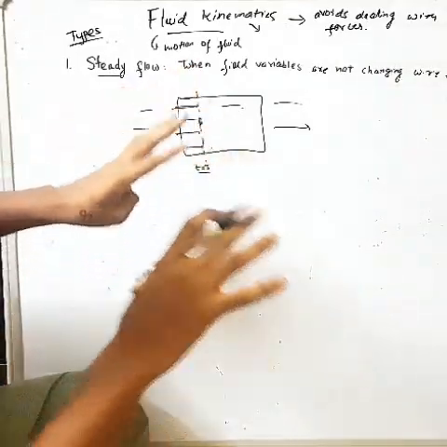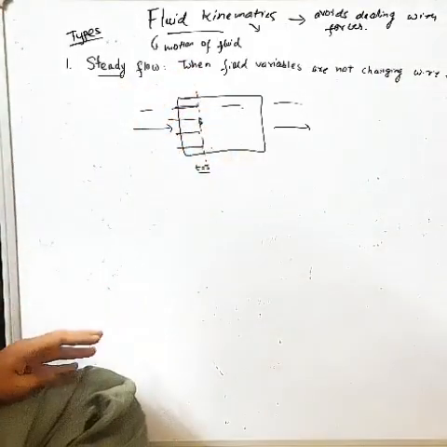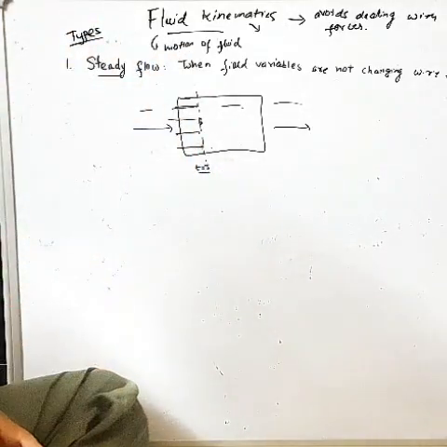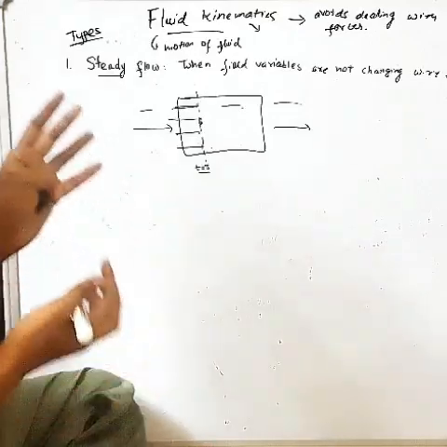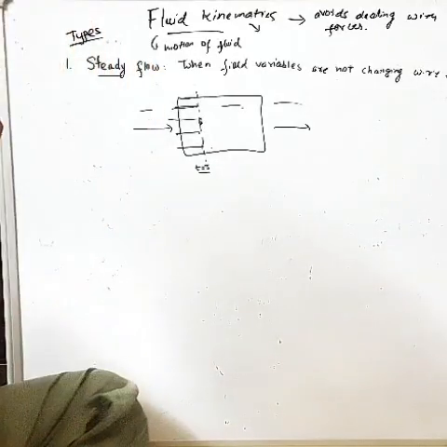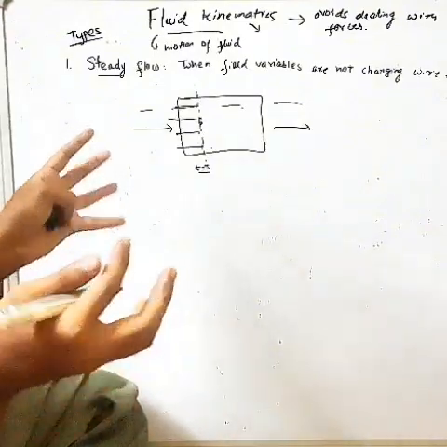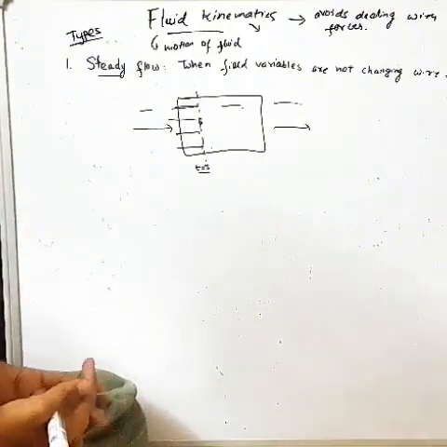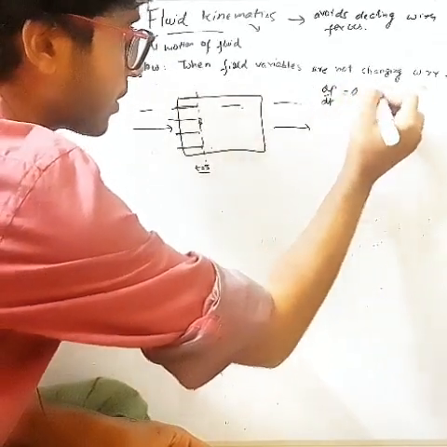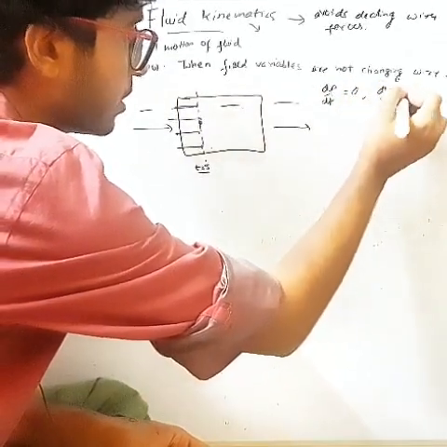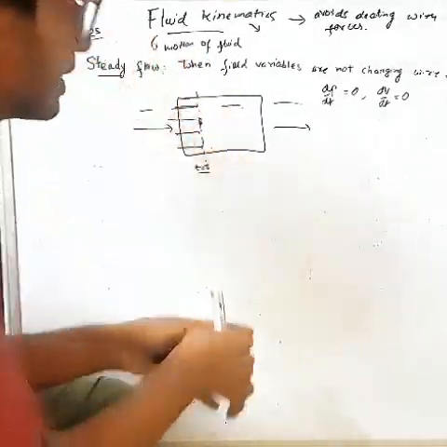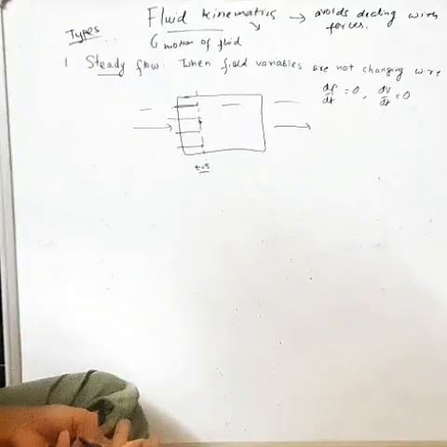They are not changing with respect to time, because dp/dt, dv/dt are all 0. It is a constant in time: at t equals 5, at t equals 10, at t equals 3, at t equals 2, it's all 0.